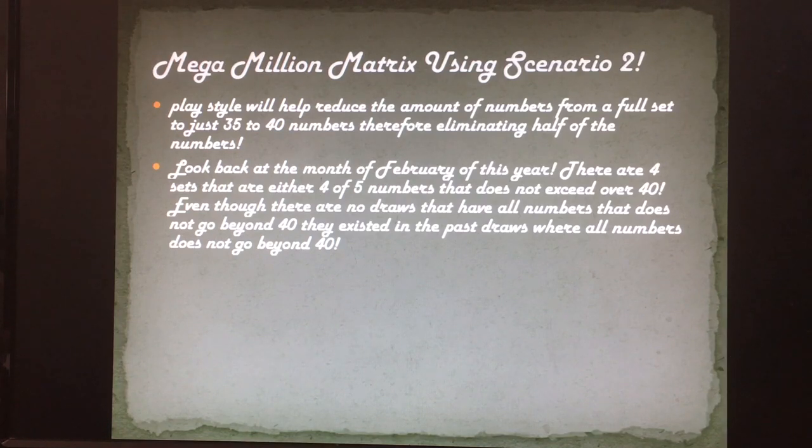So you can look at last year or the year before or a couple years ago, and you will see draws that have all 5 numbers that do not exceed 35 or 40 on the whiteboard. So from 41 to 70, or for 41 to 75, the numbers did not appear.